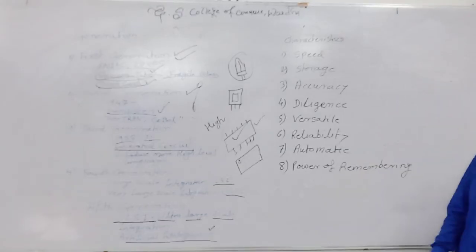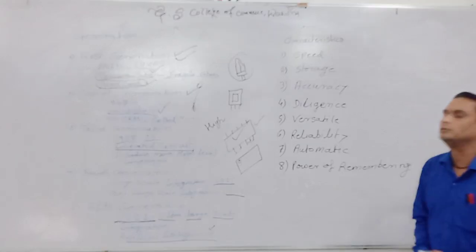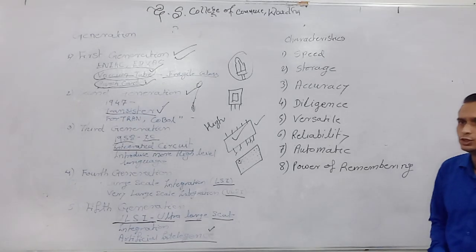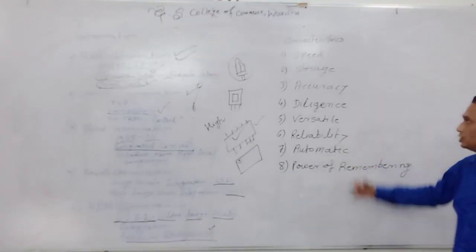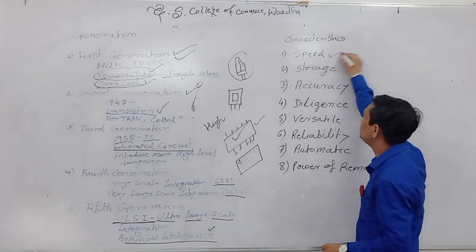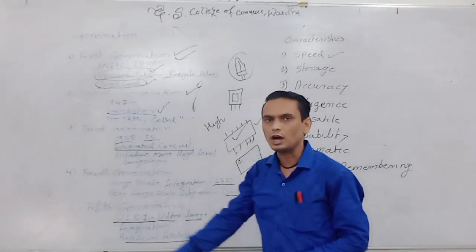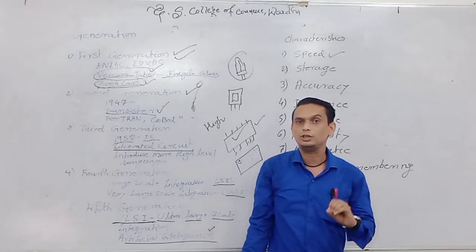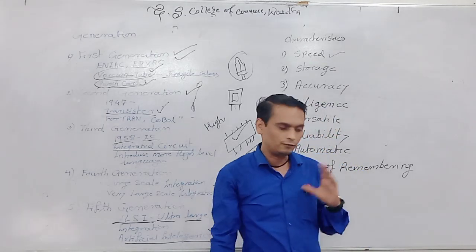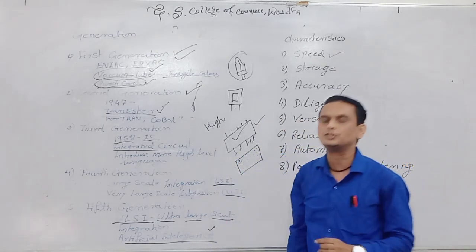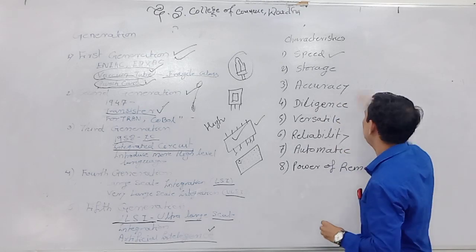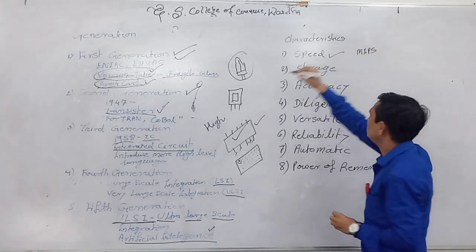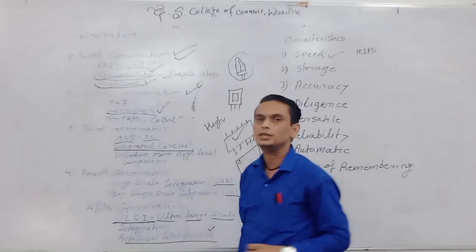In the same way, in computer systems we have some characteristics also. A computer system should have these characteristics, just like number 1, speed. Computers were introduced to calculate, to make calculations first. The speed of calculating of a computer system can be measured in MIPS, million instructions per second.